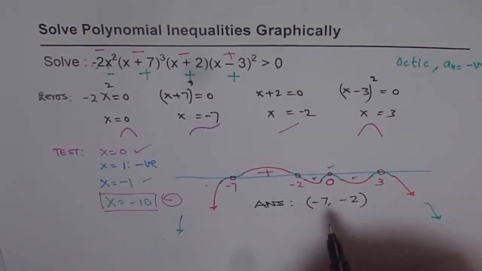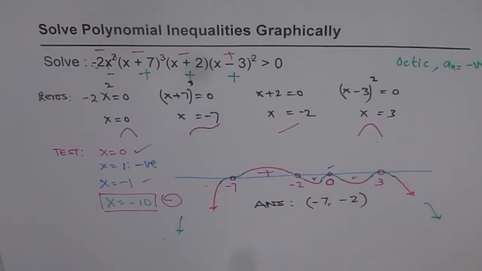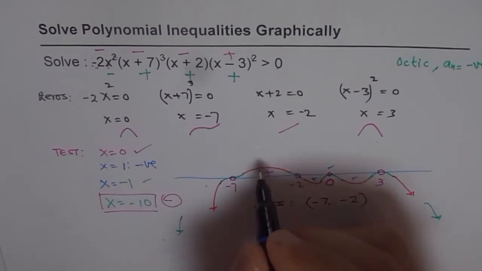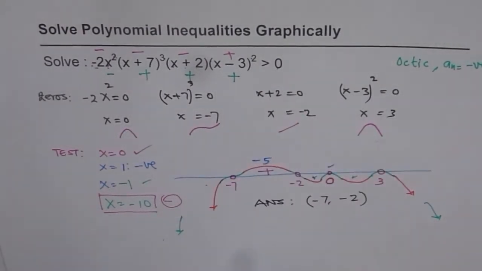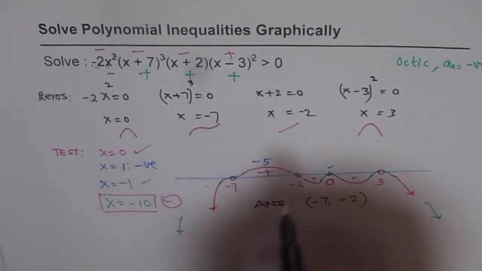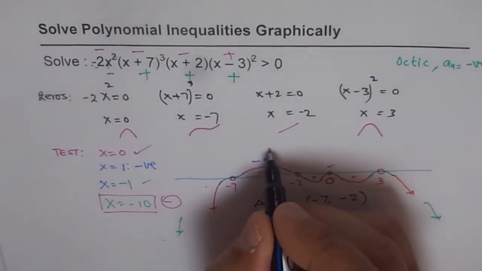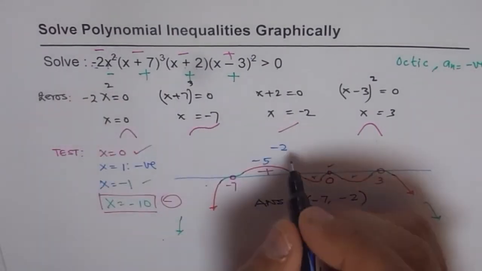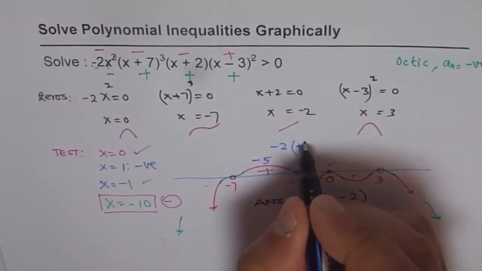Perfect. So the only part of our solution is between minus 7 and minus 2, which you may like to test for. So between minus 7 and minus 2, let us take a value of minus 5. If I take minus 5 as my factor, what do I get? Let me write it down here. We get minus 2 times minus 5 squared, which will be positive.